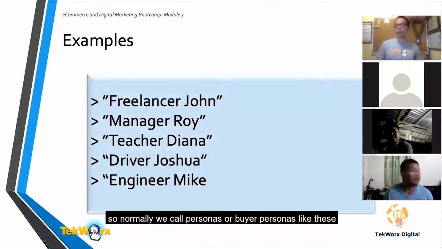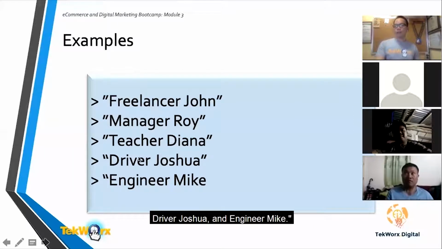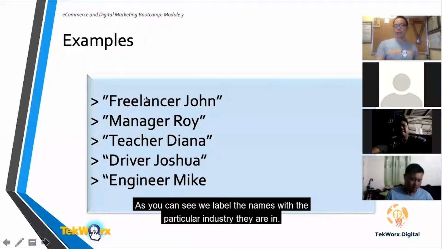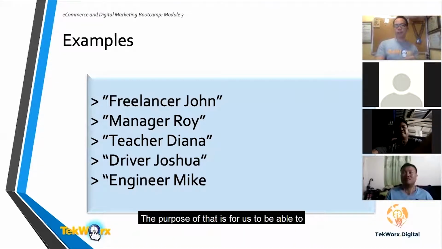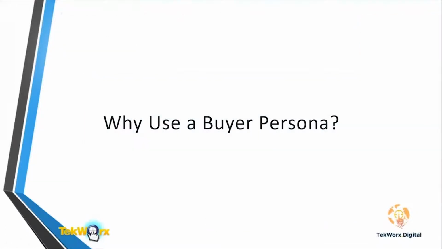Normally we name buyer personas like this: freelancer Jan, manager Roy, teacher Diana, driver Joshua, engineer Mike. As you can see, we label the names with the particular industry they are in. The purpose of that is for us to easily identify them when we have so many different buyer personas. Okay?